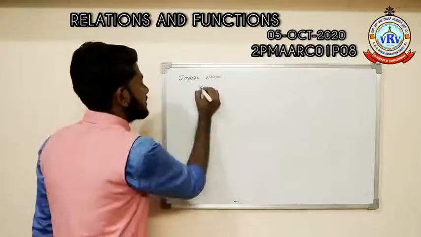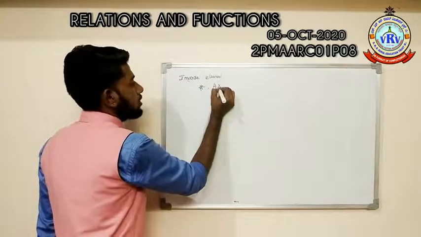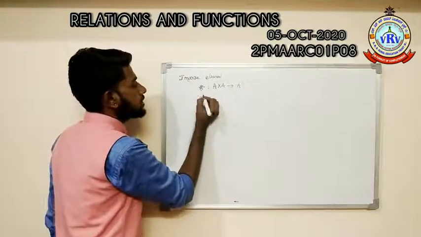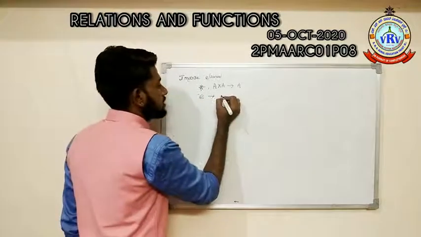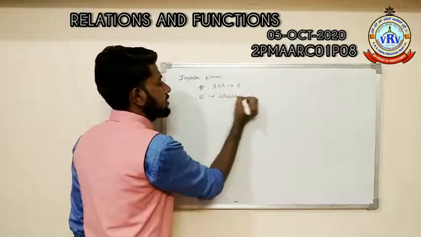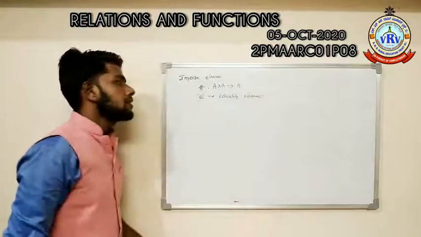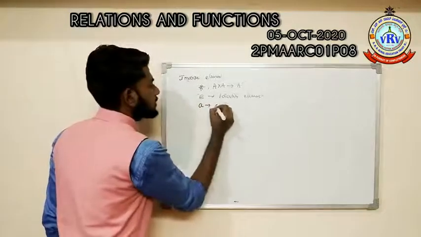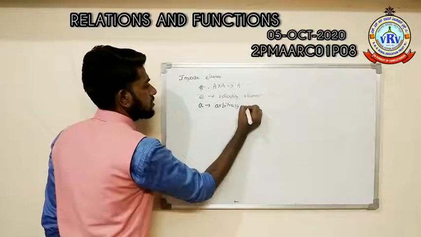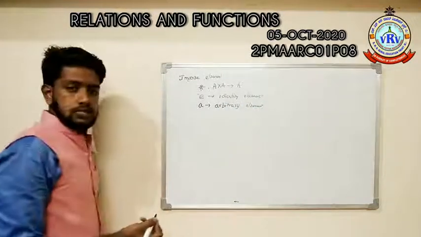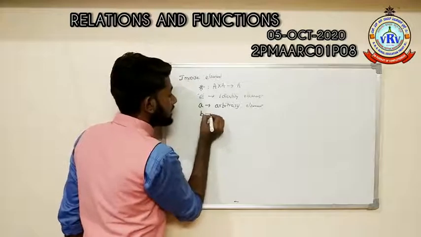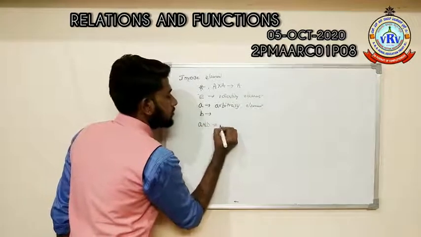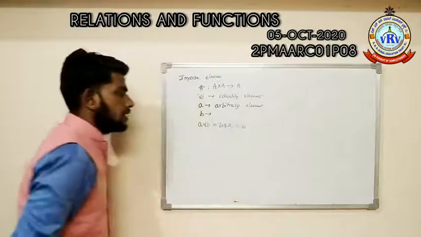Given any arbitrary binary operation star on the set A, if this set contains the identity element E, then if you are taking one arbitrary element A, for this element, if you are getting one element B such that A star B is equal to B star A which is equal to E.